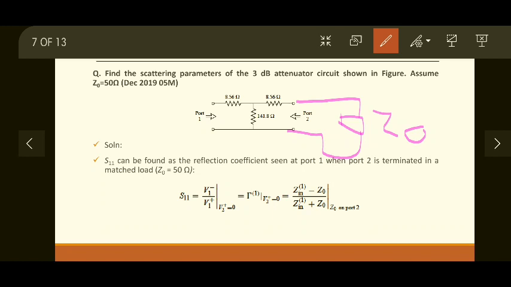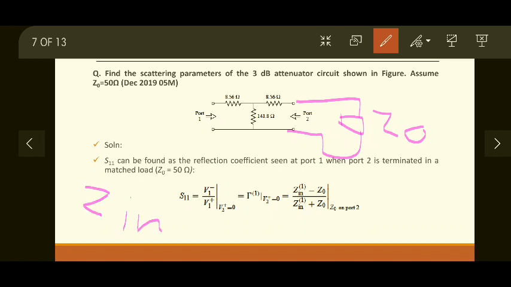This Z0 is in series with 8.56 ohm. So the total resistance will be 58.56, and then that 58.56 resistance would be in parallel with 141.8 ohm. Whatever answer comes from that parallel combination, we have to add to the 8.56 as a series combination. That will give us the value of Zin.